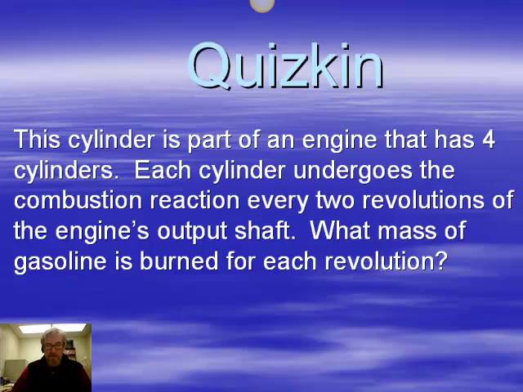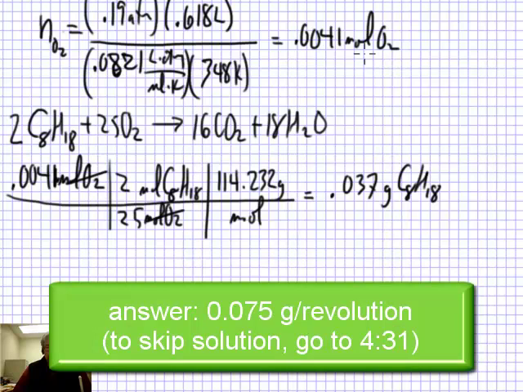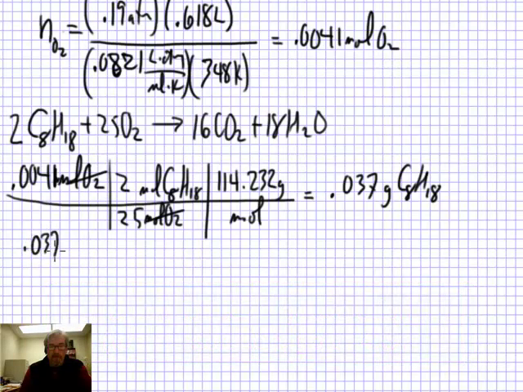The next question says that this cylinder is part of an engine that has 4 cylinders. Each cylinder undergoes the combustion reaction, so it's going to burn up that amount of gas every 2 revolutions of the engine's output shaft. What mass of gasoline is burned for each revolution? Well, I'm going to use the factor label method to see if I can. 0.037 grams of octane, and I want to know how many grams are burned per revolution, but this is grams per combustion.